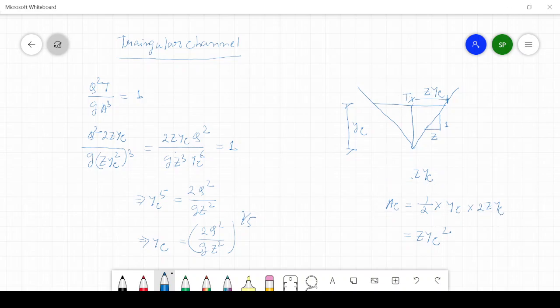So now suppose you are finding out specific energy. E is equal to yc plus v square by twice g, or Q square by twice g A square. Same expression. If you replace the v by Q by A, then Q square by 2g A square.